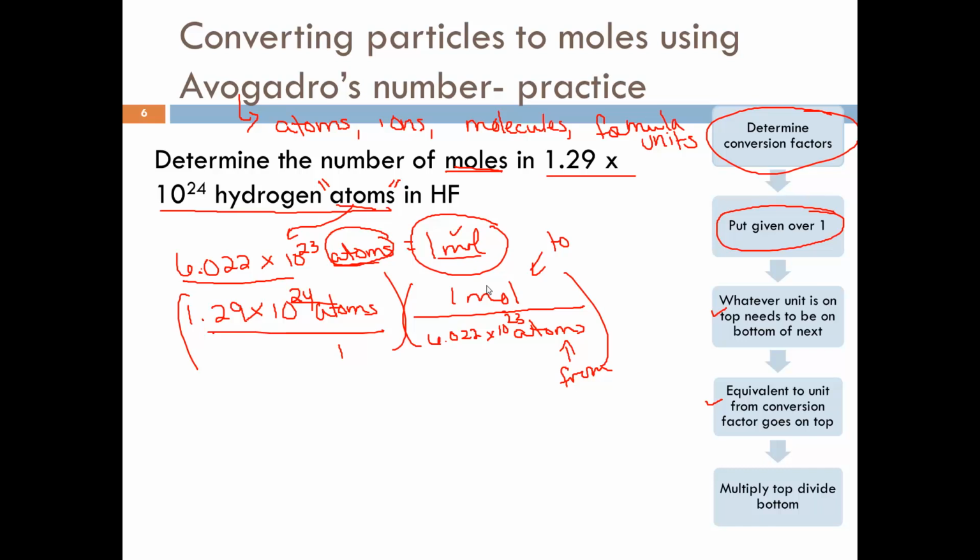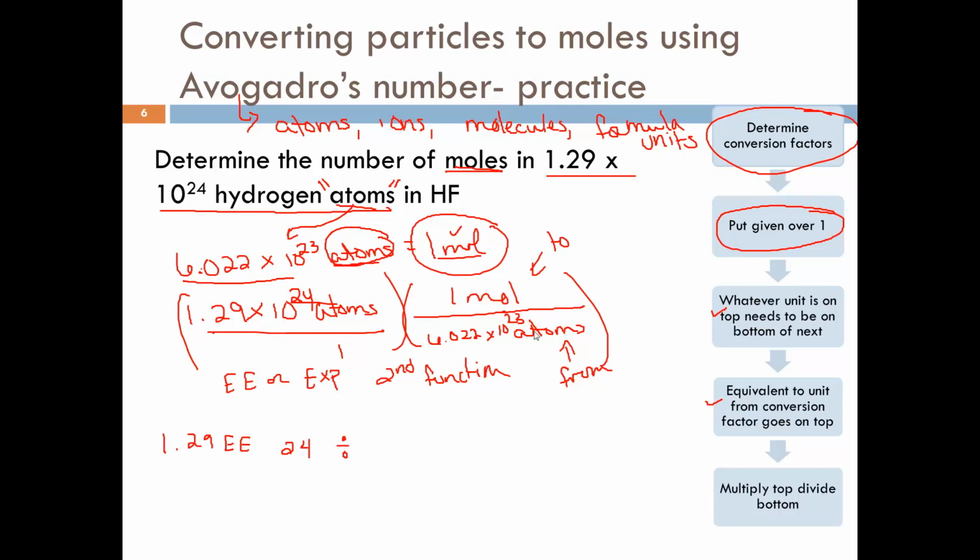To put this in the calculator, there's a button you need to find. It either says EE or EXP. Sometimes it might be a second function. You're going to want to type in 1.29 EE 24 divided by, because it's on the bottom.